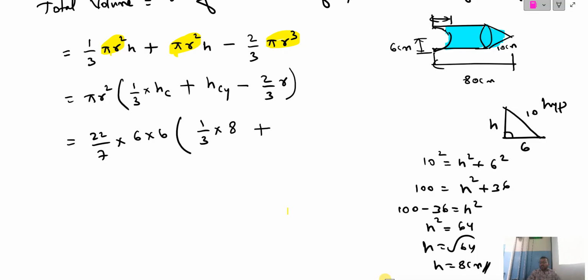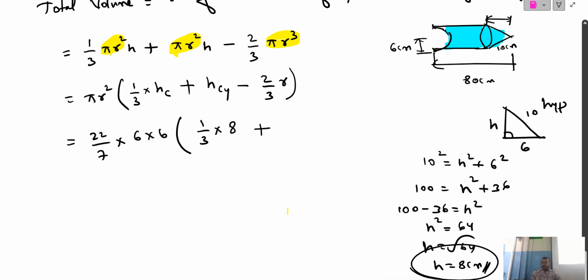If not, we are not considering this. Total is 80. Now we got to know the height of cone, just now we got 8 centimeters. So this is 8. In this total 80, if you remove 8, how much is left out? 72. So height of cylinder is 72.